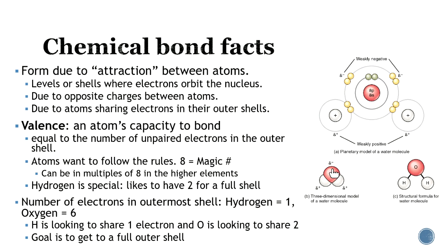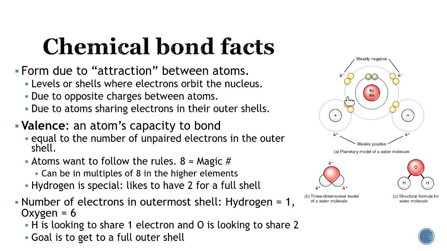So for the hydrogen example, it only has that one shell and it's only going to have one electron, but it's going to be looking for another one, someone to share another electron with, because it wants to get to that outer shell of 2. Now oxygen, it had 6 in that outer shell, so it's looking to get 2 more electrons from someone else.